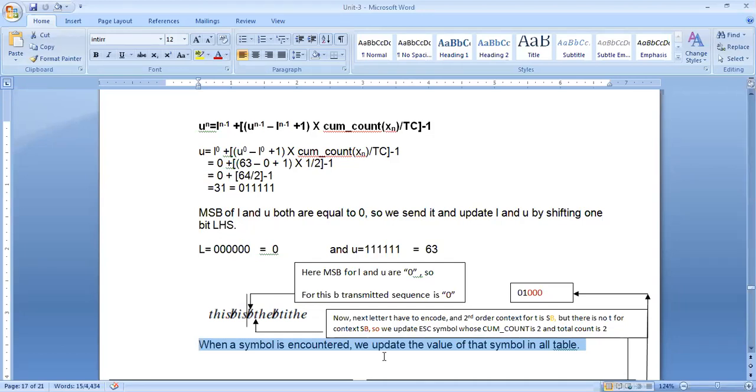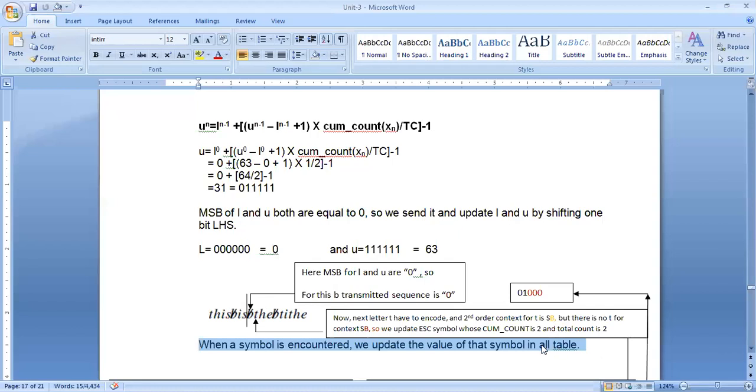When a symbol is encountered, here B cross, we find the transmitted sequence, which is 0, and after that we update the values of L and U. After updating L and U, we update all tables. All tables means second order context, first order context, zero order context, and minus one order context. So we update all tables for this B cross.